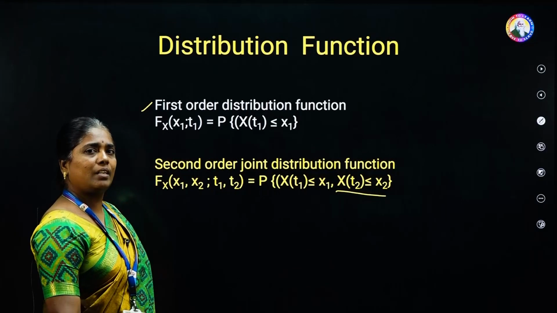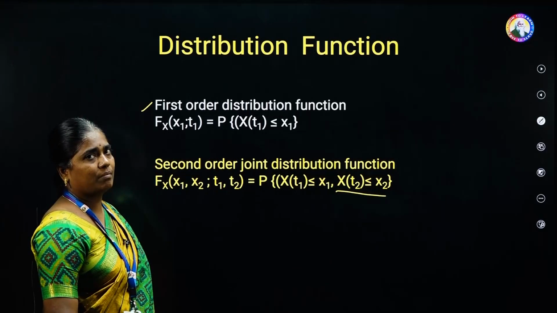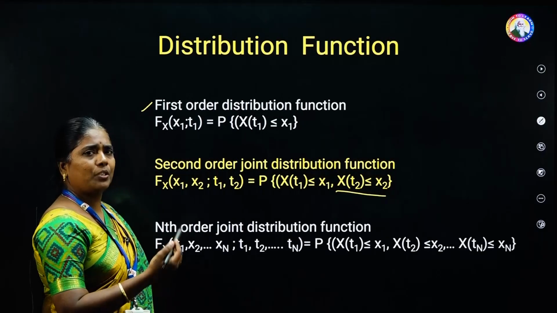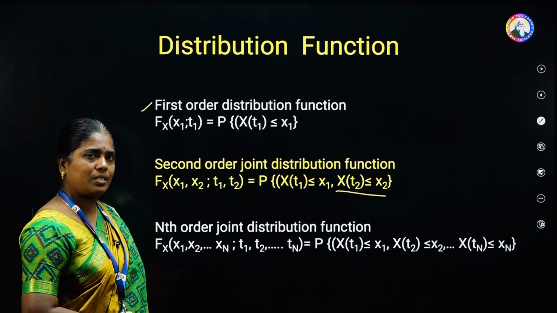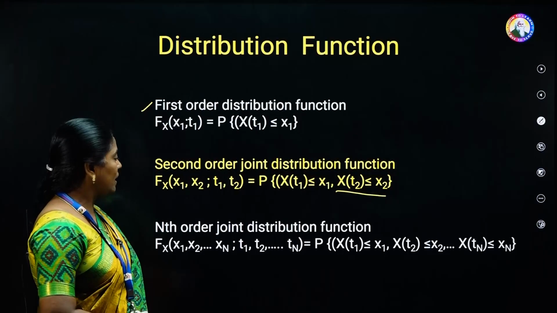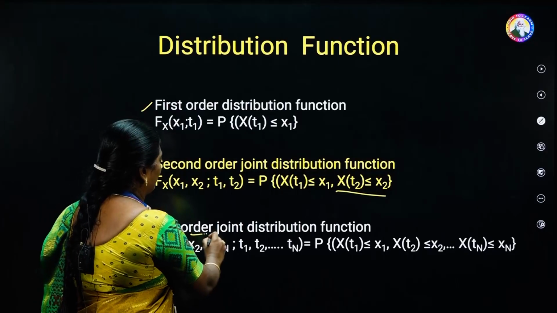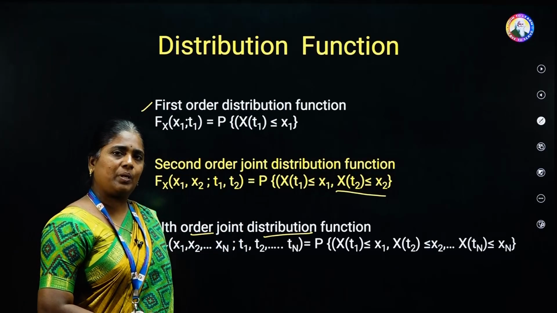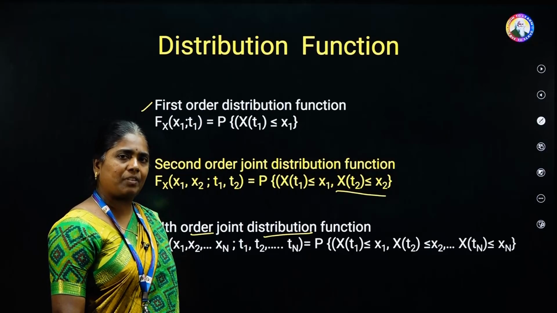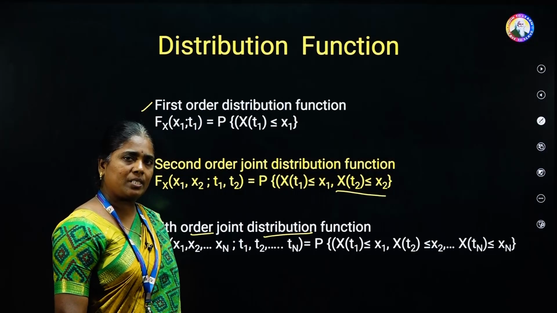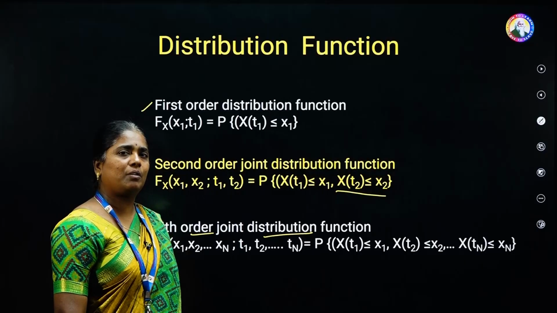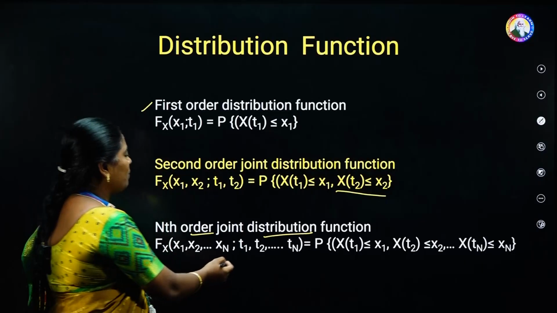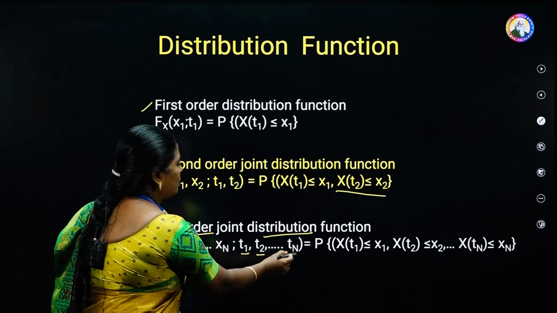So this is the second order distribution function, and so on, we can go for third order as well as fourth order also. Going for the general case, that is the nth order joint distribution function. Let us define x of t1, x of t2, so on, x of tn. Different random processes are there, defined as random variables with respect to times t1, t2, so on, tn.